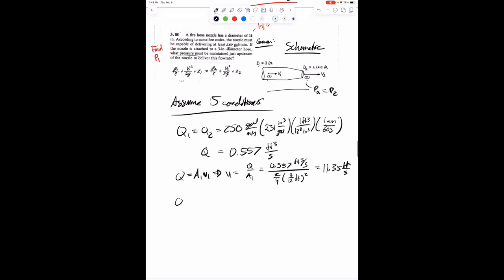At location 2, same concept, Q equals A2 V2. V2 is 0.557 cubic feet per second, divided by pi over 4 times diameter squared, 1.125 divided by 12 feet squared. That gets me 80.69 feet per second. So as you see, we basically halve the diameter, and the flow speed kicks up by nearly a factor of 8.